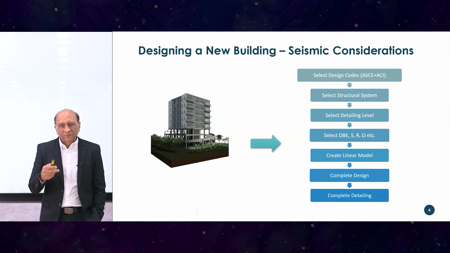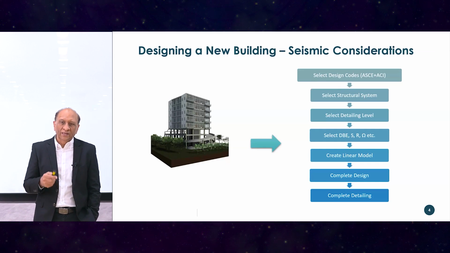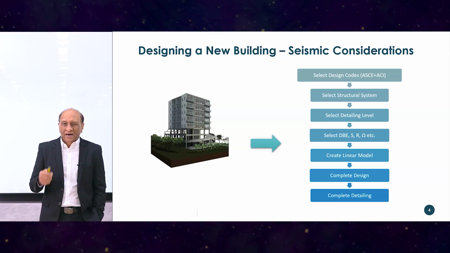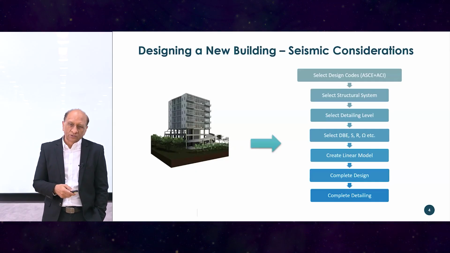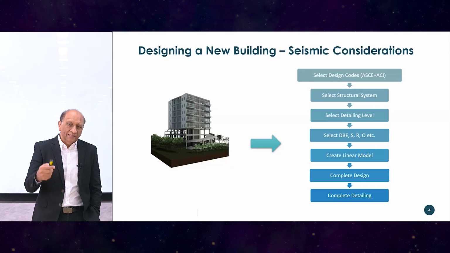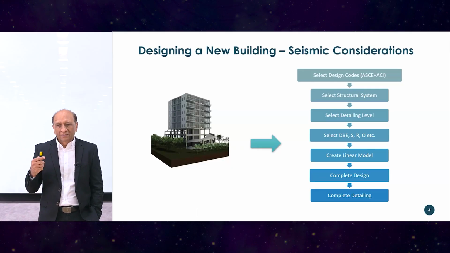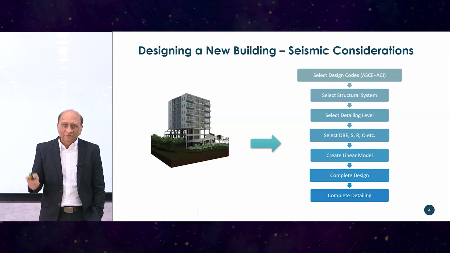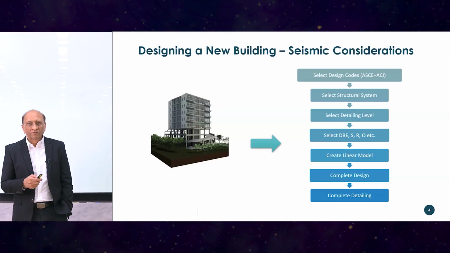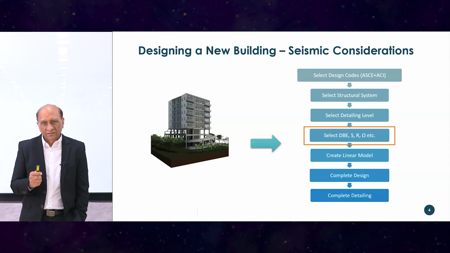Then based on that, we select the design spectral acceleration, the R factor, omega factors, and other similar factors in other codes. Then we create mostly a linear model. Then we run the model, design, and complete the detailing. So that's roughly how a new structure will be designed and built.